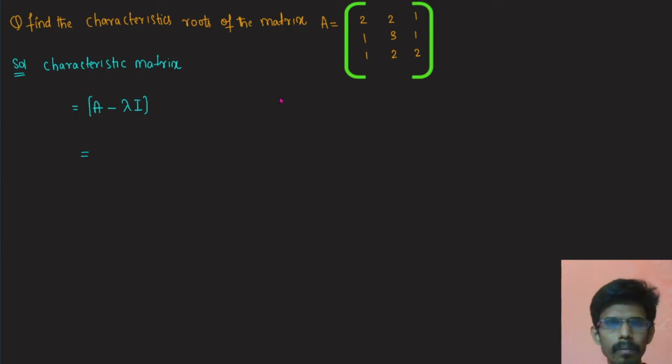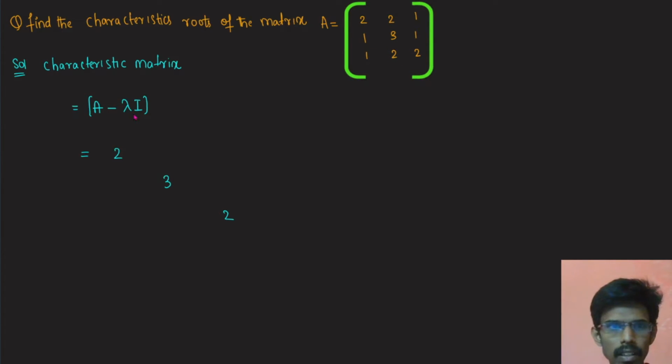So this will be, now copy all elements as they are except the principal diagonal elements. First write down the principal diagonal elements, that is 2, 3, 2. These are the principal diagonal elements, that is A11, A22, A33.